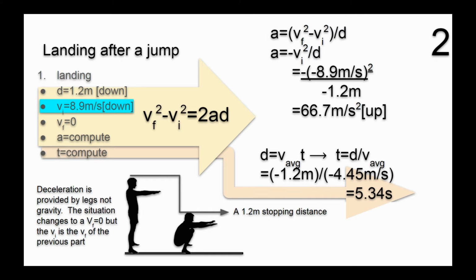What mistake have we made here? Take a look at my math. Take a look at my answer. What did I do wrong? There is no way on earth that stopping in a crouch and going from 9 meters a second to 0 in 1 meter distance took 5 seconds.